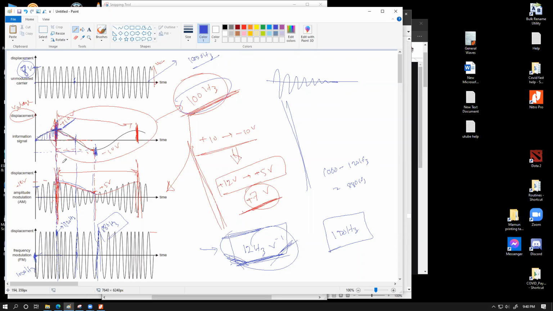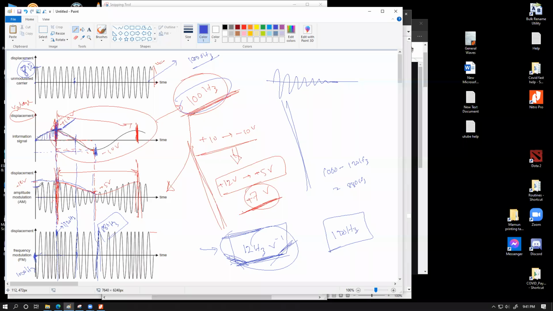When it is 10 volts, it becomes 12 volts, and whenever it is minus 10 volts, it becomes +5 volts. What is the mean value of 12 and 5? 8.5, sir. So let's say this is 8.5.